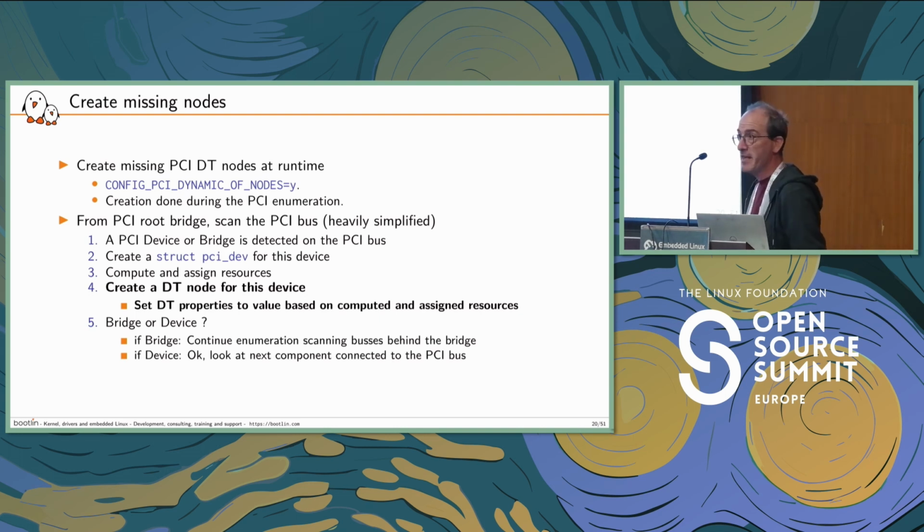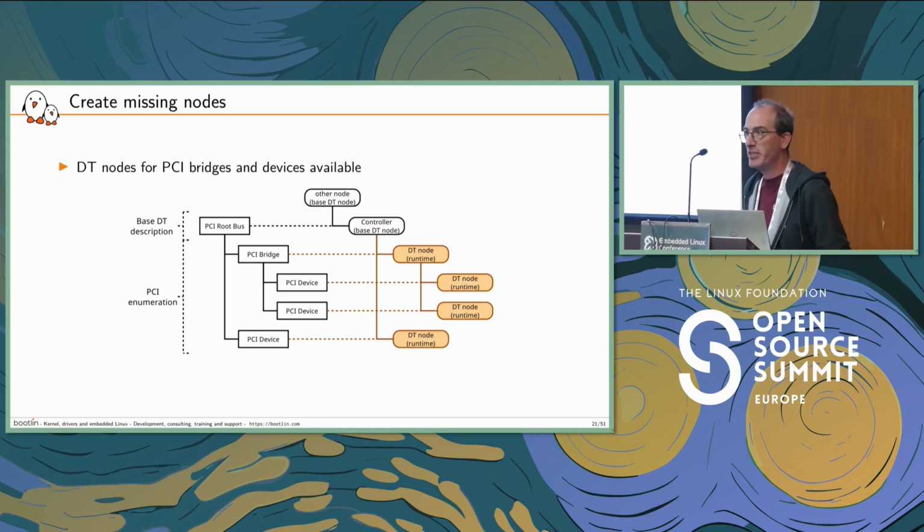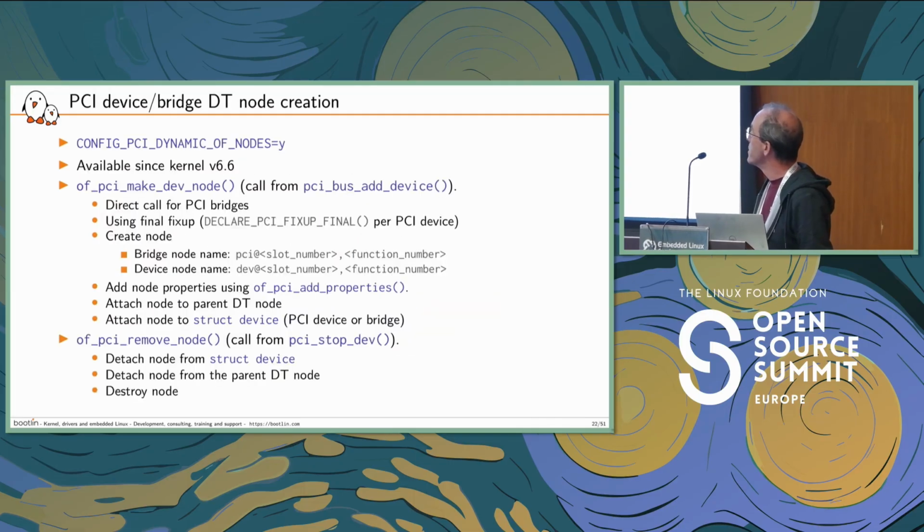In fact, nodes are created and properties in the node are set based on the resources computed during the enumeration. With that done, our representation is the following. Several nodes were created at runtime and attached to the device itself, PCI bridge and device, and to the parent node in the device tree.